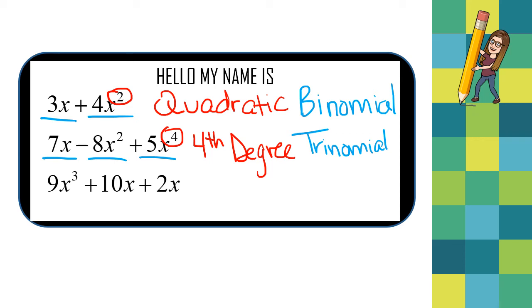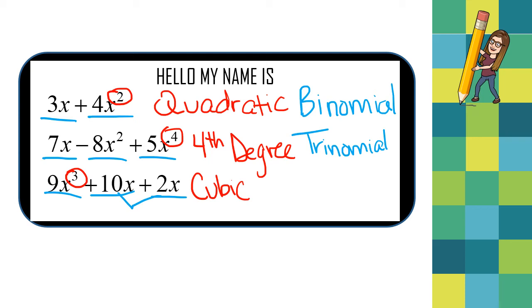All right, let's take a look at the third example. I have a highest exponent of 3, so that would be cubic. And I have also 1, 2, 3 terms, or do I? What do you notice about these last two terms?